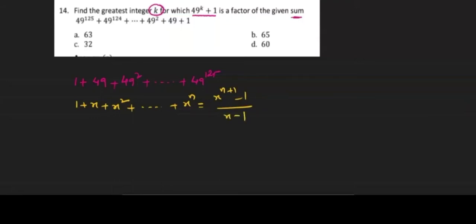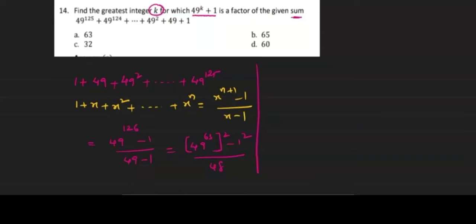Apply this formula, you will get 49 to the power 125 plus 1 is 126, minus 1, by 49 minus 1. So we can write this is 49 to the power 126, which means 63 twos, so 63 whole square, minus 1 square by 48. Now see this.